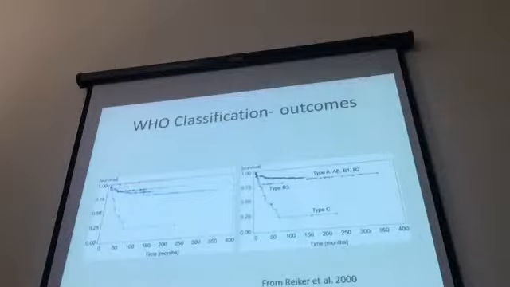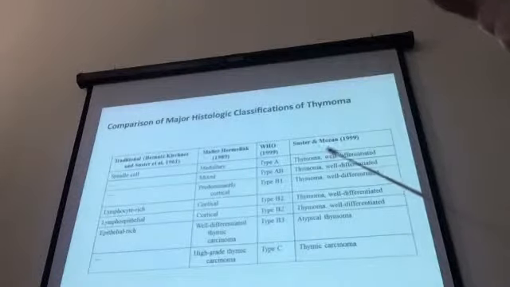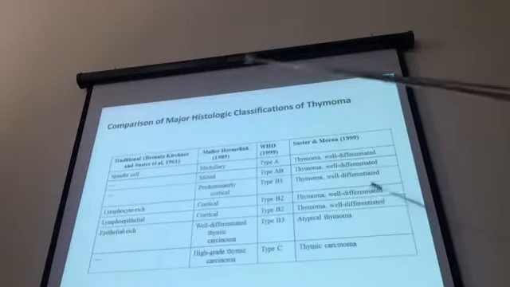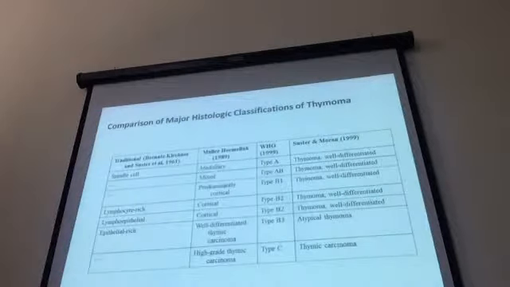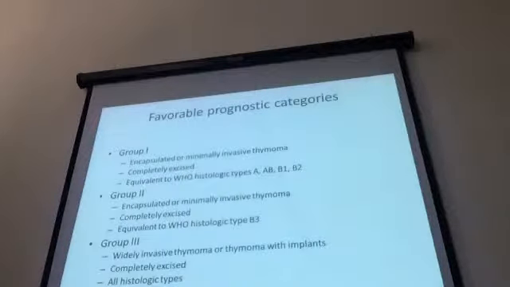So based on this kind of data, the Schuster and Moran classification very well communicates prognosis. And to me, that's the most important thing. So I'll use these interchangeably a little bit, but I wanted you to understand the outcome differences.